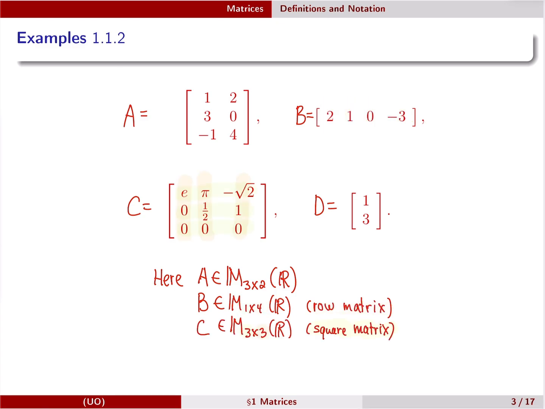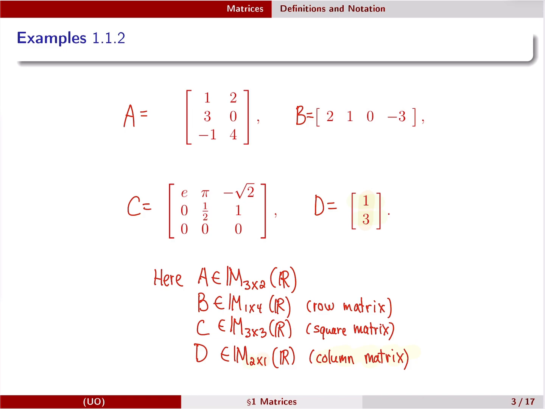Next on the list, matrix C. We can see that matrix C has 1, 2, 3 rows and also 1, 2, 3 columns. So this matrix is a 3 by 3. And when a matrix has the same number of rows and columns, that's an example of a square matrix.